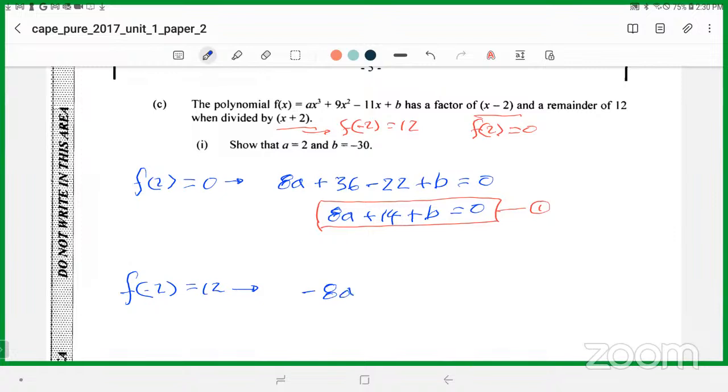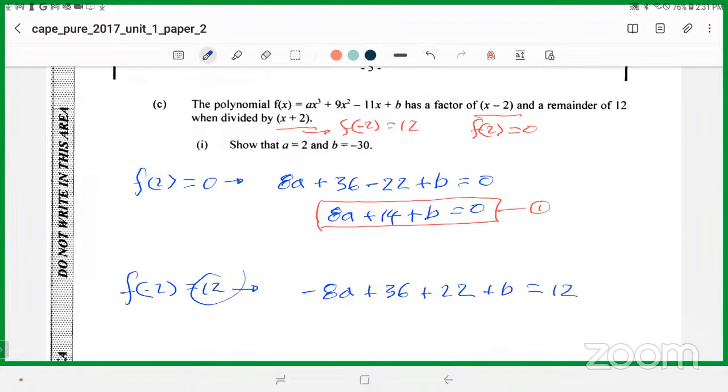And then -2 squared becomes +4, and 9 times 4 is 36 again, so we're going to get plus 36. And then -11 times -2 gives me +22. And this b comes back unchanged. And it is all equal to 12.